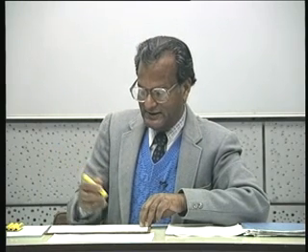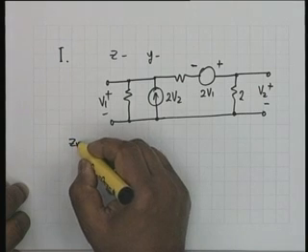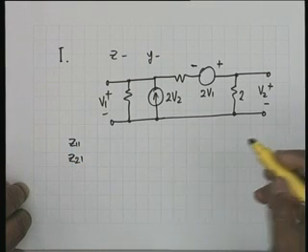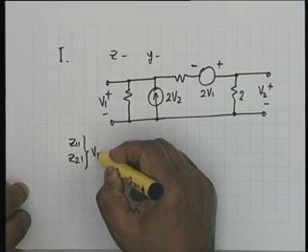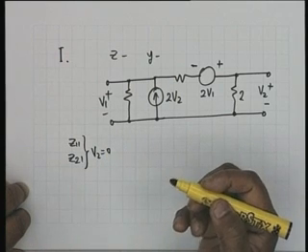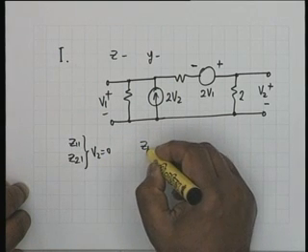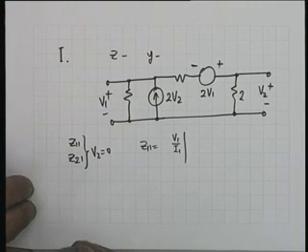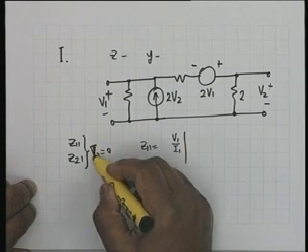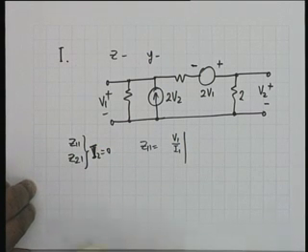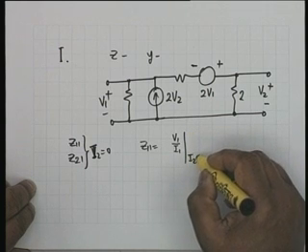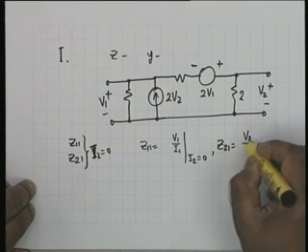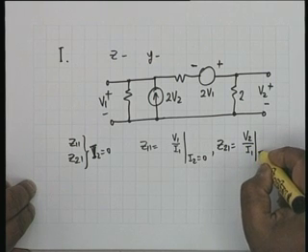Now let us calculate Z11 and Z21. For both of them, the definition says I2 equal to 0, and Z11 is equal to V1 by I1 with I2 equal to 0, and Z21 is equal to V2 by I1 with I2 equal to 0.